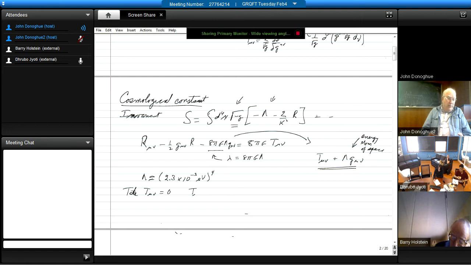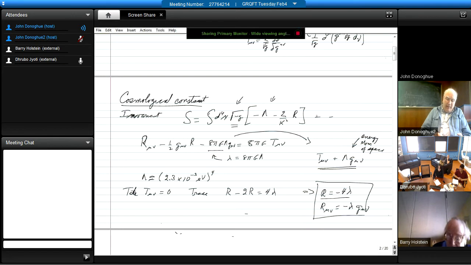You take the trace, meaning dotted in g mu nu, you get R minus 2R equals 4 lambda, or R is minus 4 lambda. So R mu nu in turn then is minus lambda g mu nu.